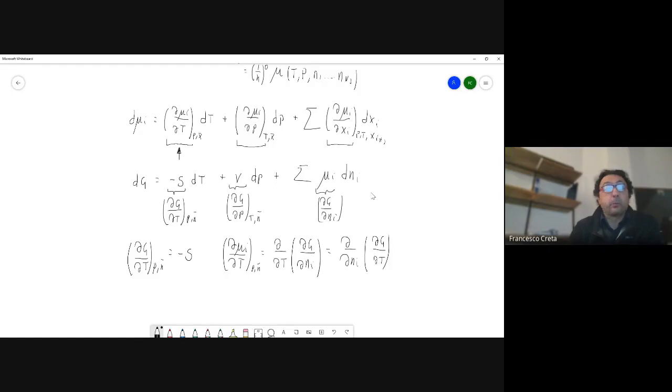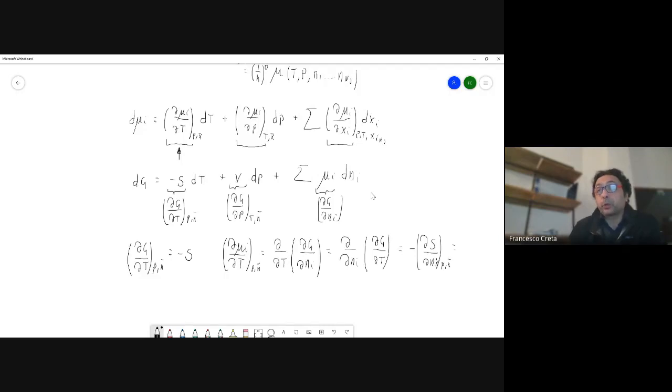But we just said that dg by dt here is minus s, so this is nothing else but minus ds by dni, at constant pressure and number of moles other than I.